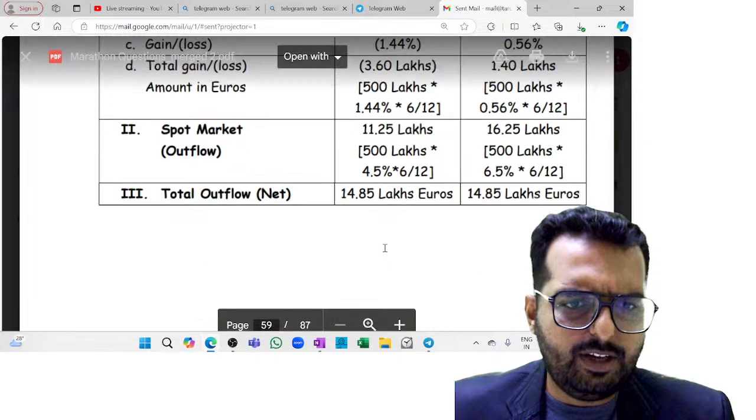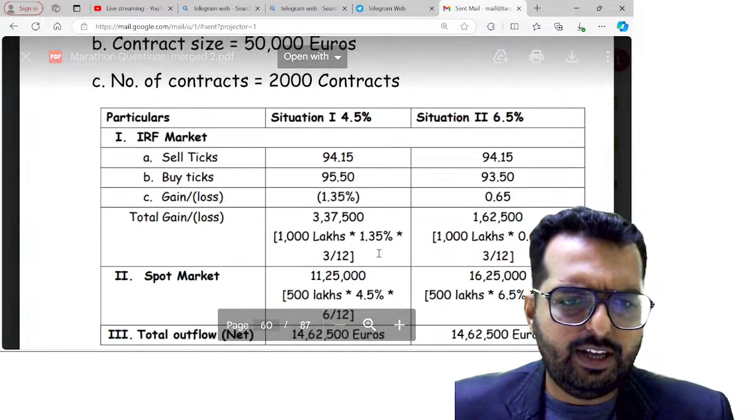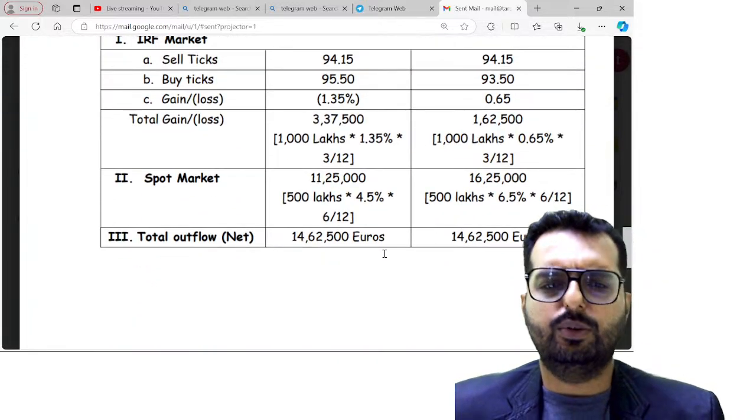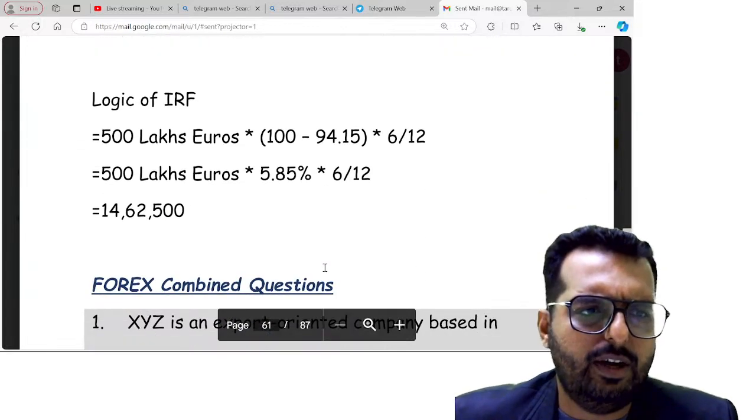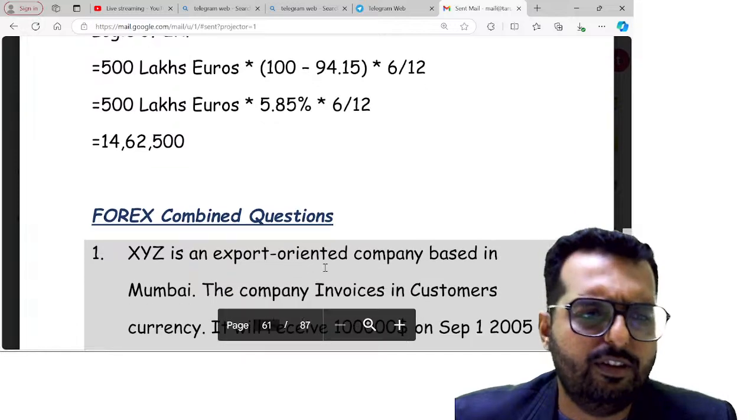Let me just confirm it here again. Here also you will be getting the same answer, 14 lakh 62,500. Everybody clear with this part, friends? I think yes. So we have done with this question also.